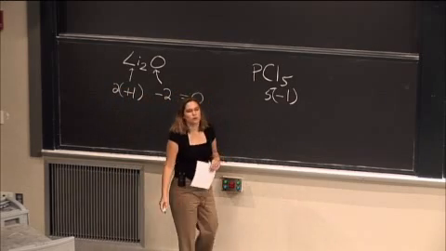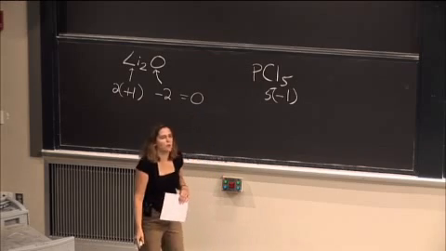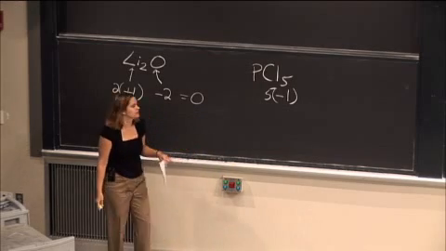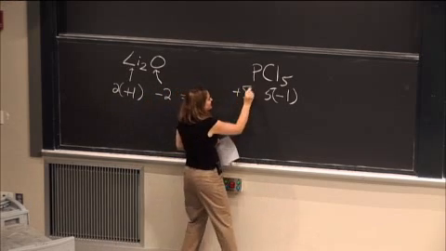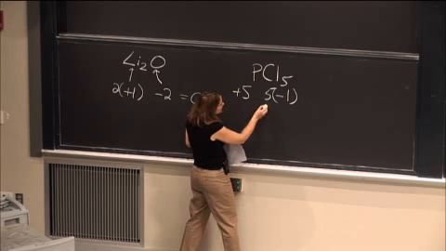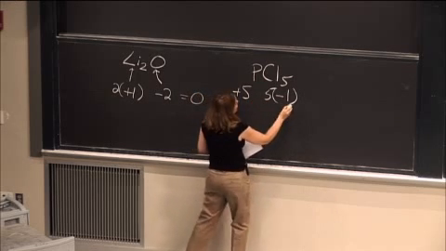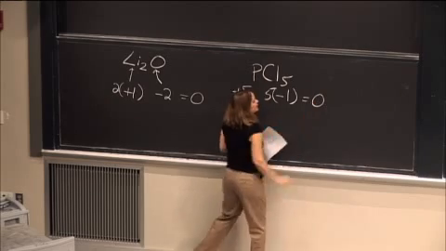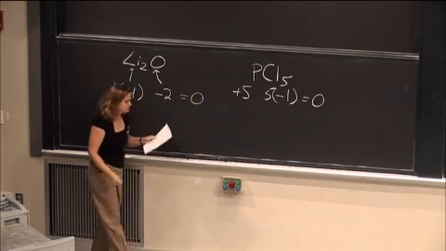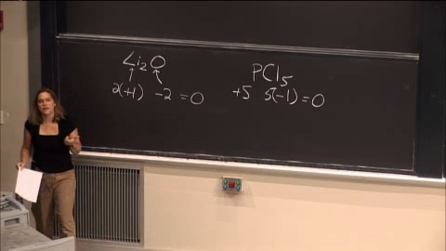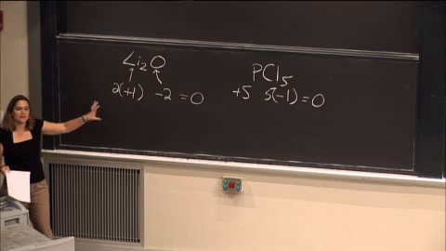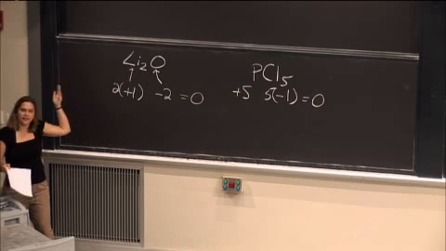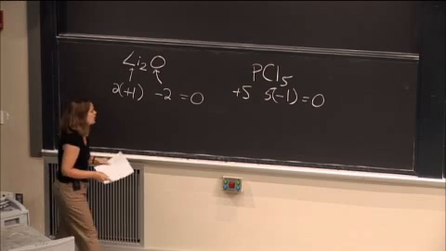I haven't told you anything about phosphorus, but what can you guess it's going to be? 5. I love that enthusiasm. Good. So it will be 5, and so overall, we're going to add up to 0. So you won't always have a rule about everything in your molecule, but you'll be given something that you can get a handle on and then predict what the other thing is going to be.